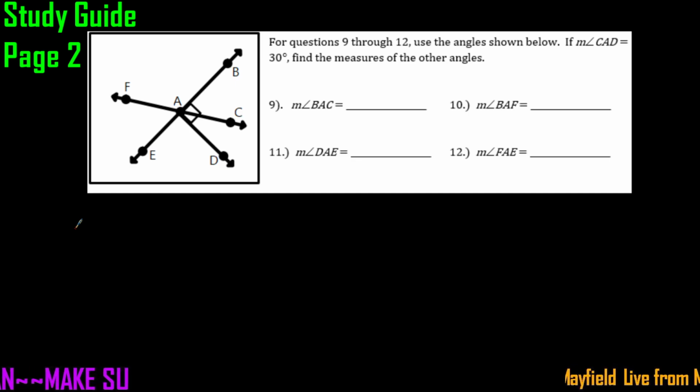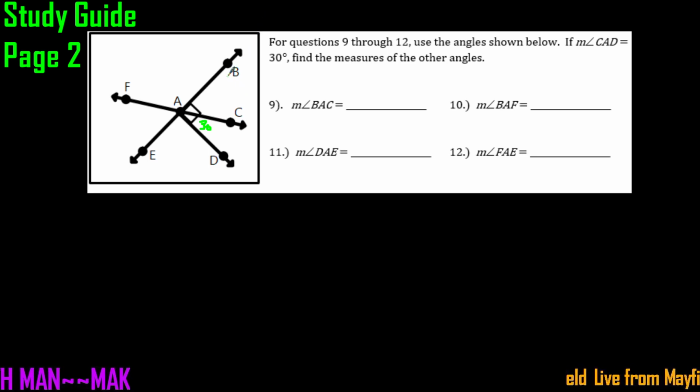For questions 9 through 12, you use the angles shown, and it says if angle CAD is 30 degrees, find the measure of the other angles. So angle CAD, right here, is 30 degrees.